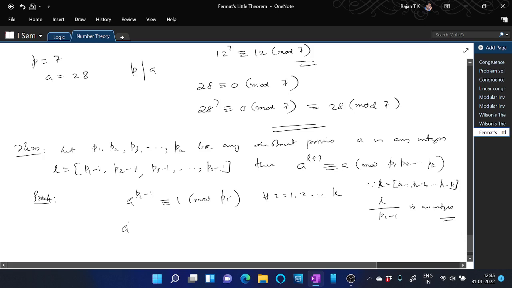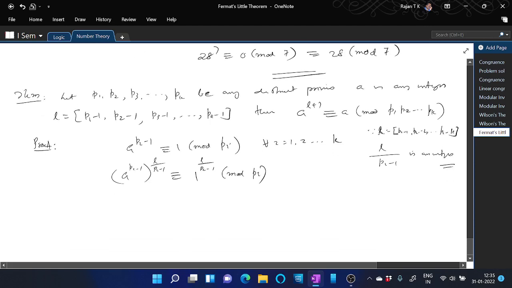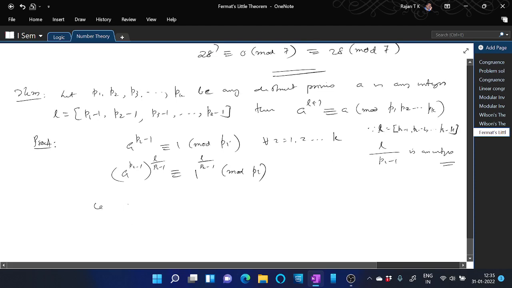And therefore, A raised to Pi minus 1 raised to L by Pi minus 1 is congruent to 1 raised to L by Pi minus 1 mod Pi. That is, A raised to L is congruent to 1 mod Pi.